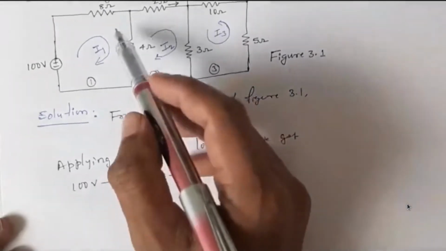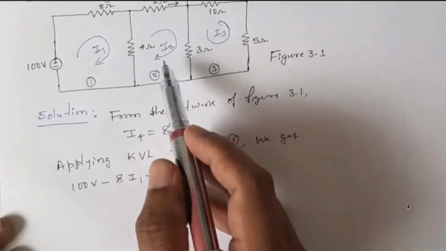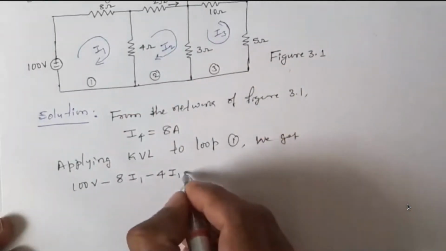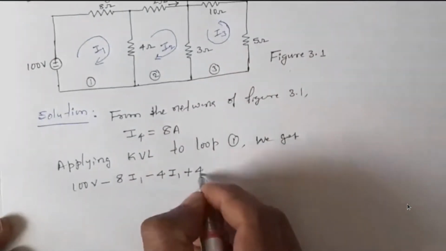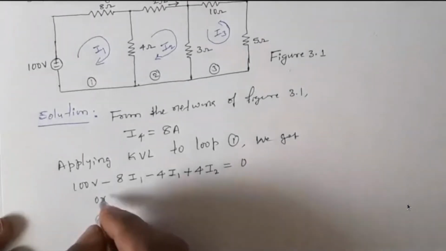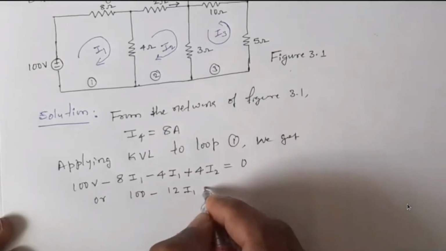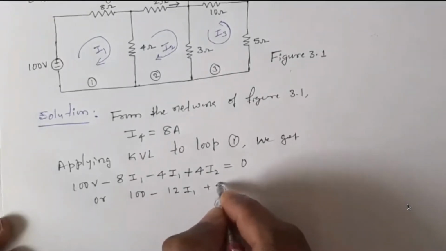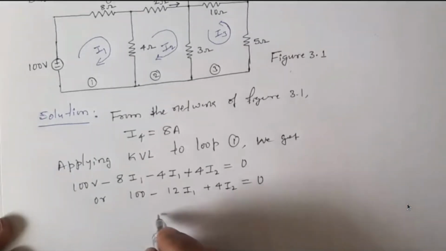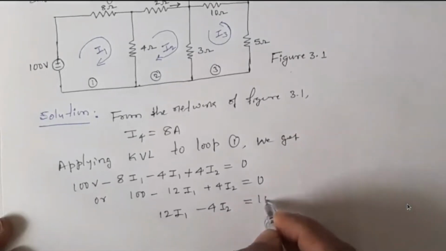But I1 is flowing from up to down, whereas I2 is flowing in the same branch from down to up, so it is opposite, which means plus 4 I2 is equal to 0. So 100 minus 12 I1 plus 4 I2 is equal to 0, or 12 I1 minus 4 I2 is equal to 100.